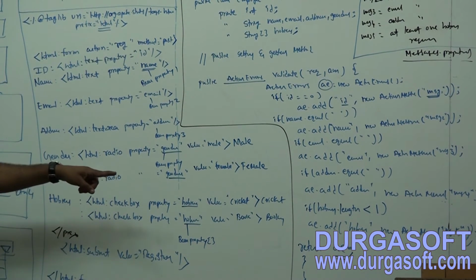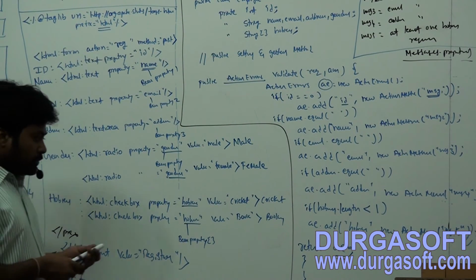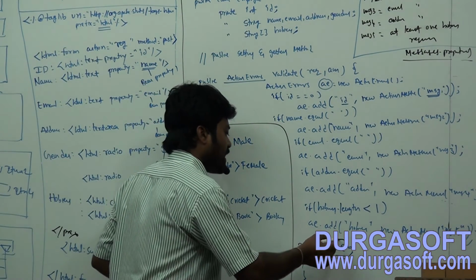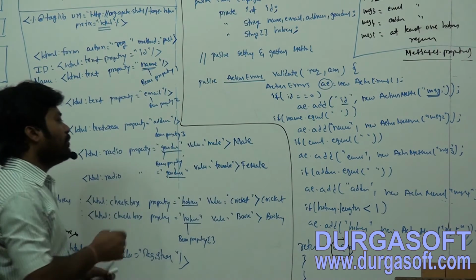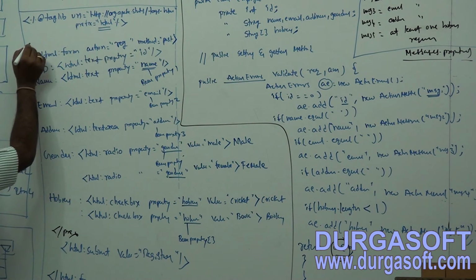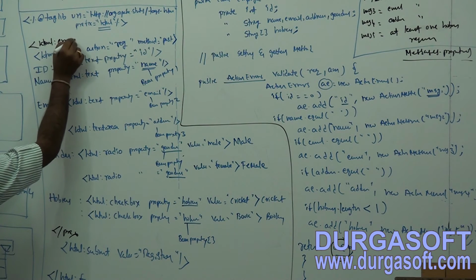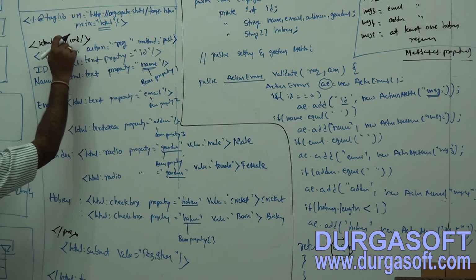To print this ActionErrors object data in the input form, we don't have any specific error tags here. To populate error messages on the same input page, you need to configure one more tag here, html:errors.